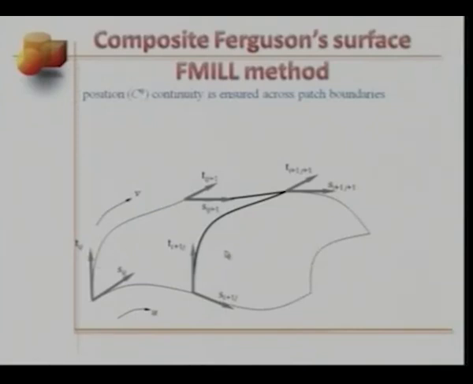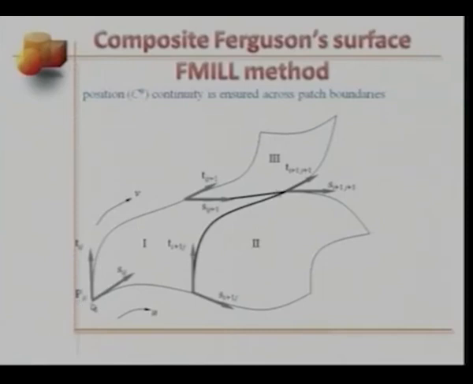Let's have another patch adjacent to this patch here along the u direction. Likewise, let's have a patch adjacent to this one here along the v direction. Let's say this is patch 1, this is patch 2, and this is patch 3.